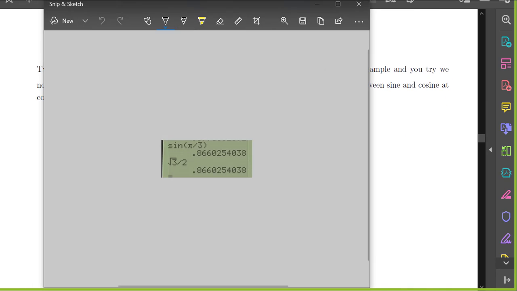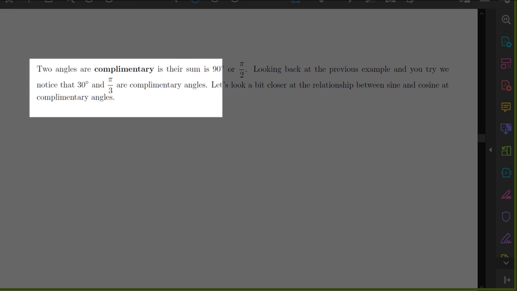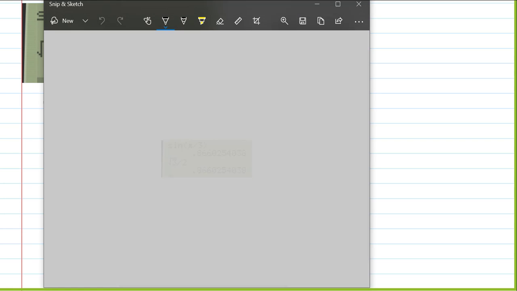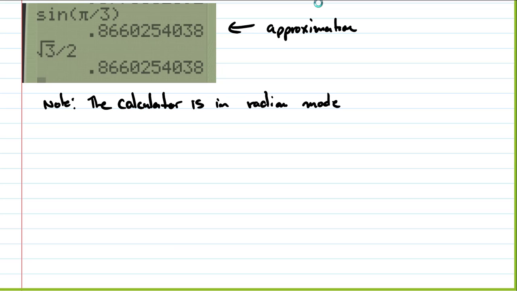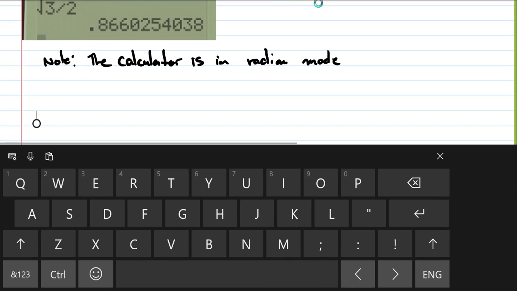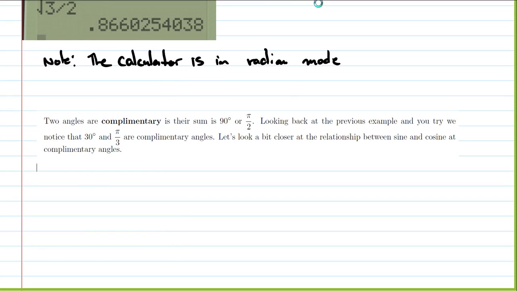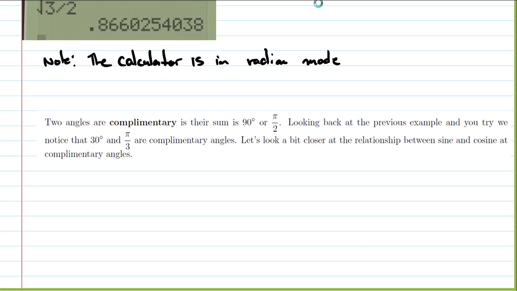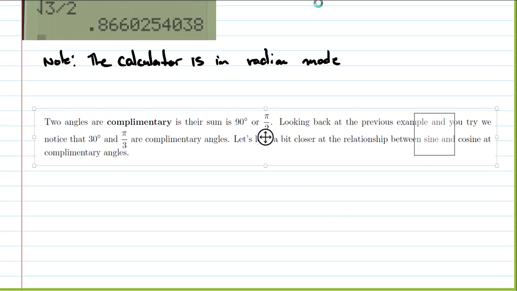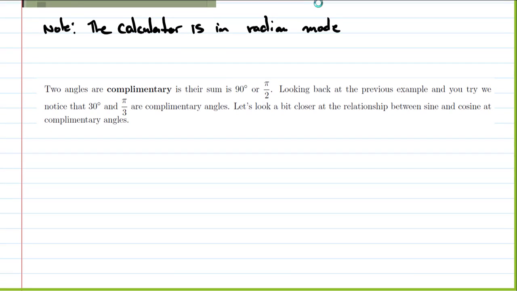All right, so building on what we just saw there, two angles are complementary if their sum is a right angle. So either 90 degrees or its radian equivalent, pi divided by 2. So looking back at the previous example, we noticed that 30 degrees and pi over 3 are complementary angles.